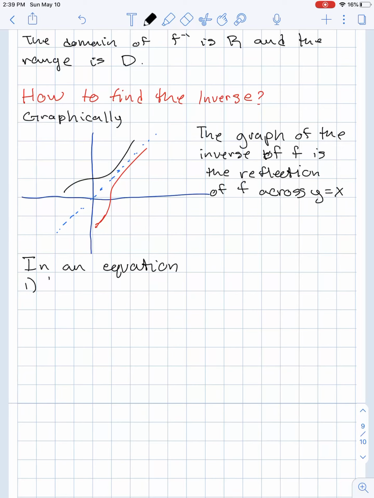Our first step is we can interchange x and y and then solve for y.